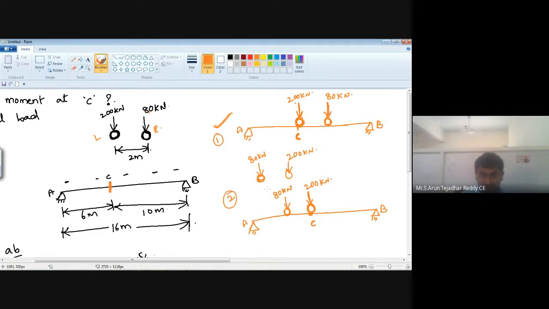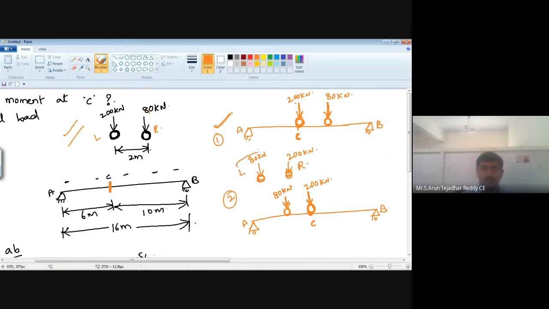Next, in this case 80 kilonewton is on the left side, 200 kilonewton on the right side. But comparing these two, 200 kilonewton is the more load. So at this point we will give our more load, and on the left side we have 80 kilonewton. Okay, but he is asking 200 kilonewton, 80 kilonewton from left to right.